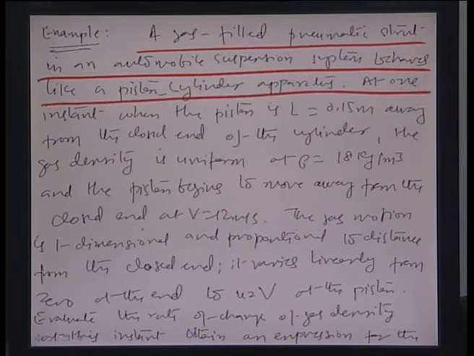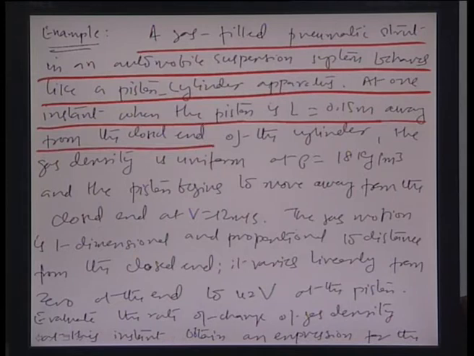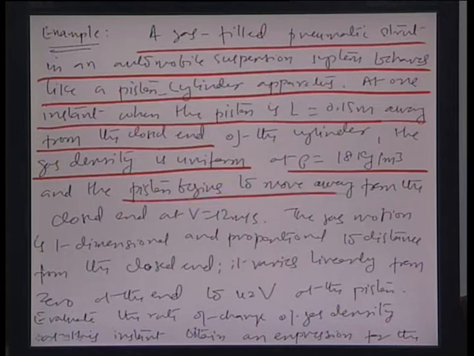The boundary conditions given are that at one instance, when the piston is at the total length L equal to 0.15 meters away from the closed end of the cylinder, the gas density is uniform at rho equal to 18 kg per meter cube, and the piston begins to move away from the closed end at velocity roughly 12 meters per second.